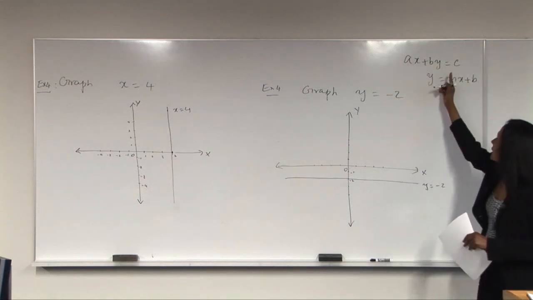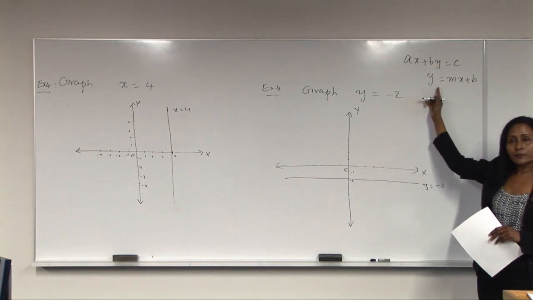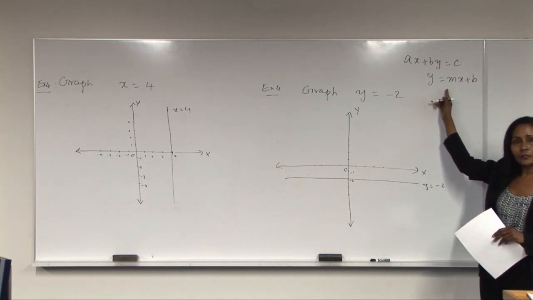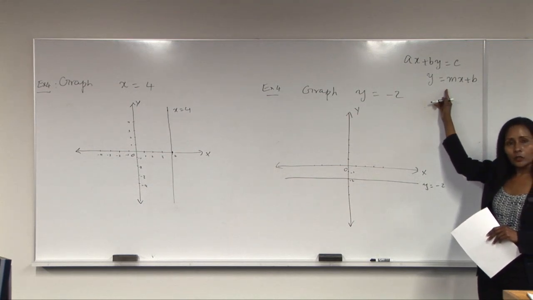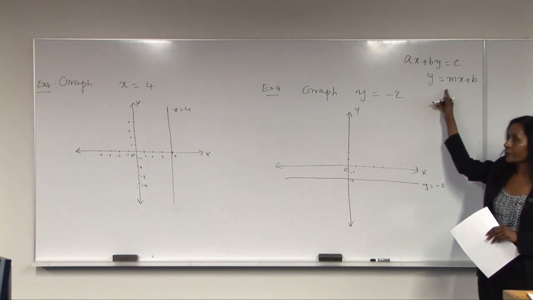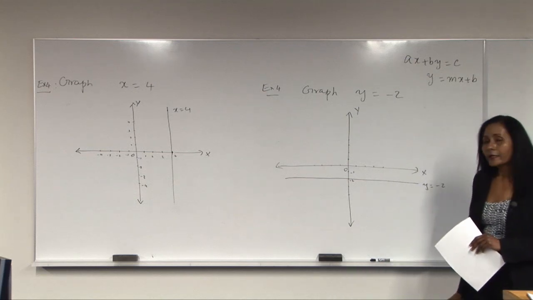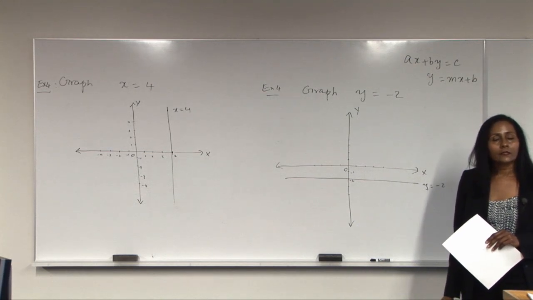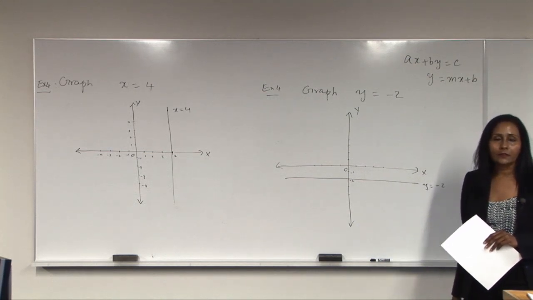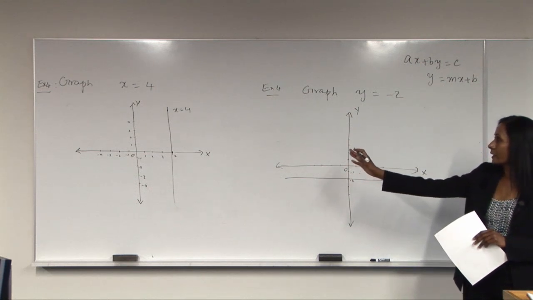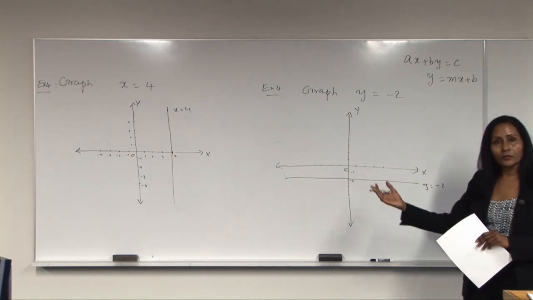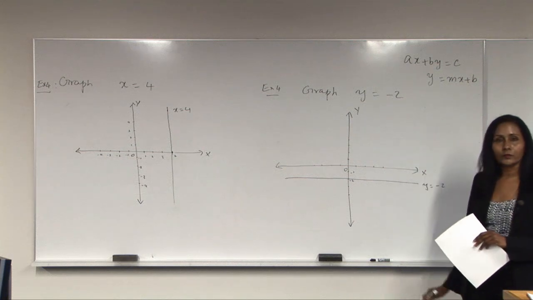If you are given in this form, when you plot points, you bring it to the y is equal to mx plus b form, and then you find 3 ordered pairs, plot those points, and then you graph. And also you now know how to graph linear equations by using x and y intercepts, and also equations like x is equal to a constant or y is equal to a constant.